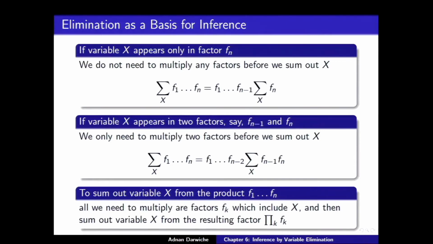One of the main computational guarantees that you get when you do inference in Bayesian networks and probabilistic graphical models more generally is this notion of the tree width guarantee, which says that if you have a graph that has a tree width of W, then you can do inference linear in the number of variables and exponential only in tree width.